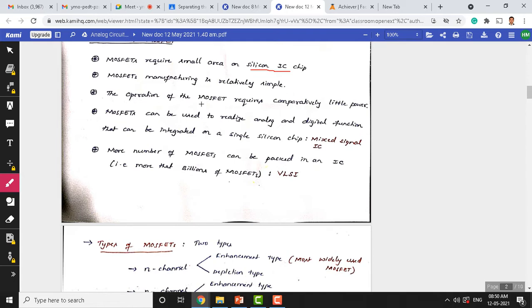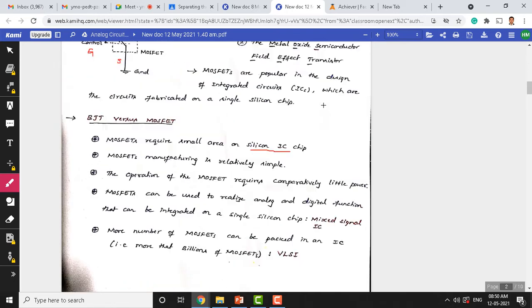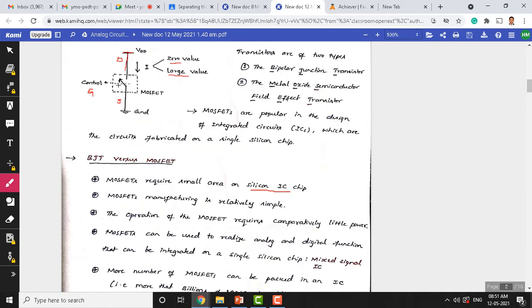And look at the operation of the MOSFETs here. MOSFET operation requires very little power. A small amount of power is required, as we said here. The gate is used to control the current flow from the drain terminal to the source terminal. This control current is very, very small, a negligible amount.